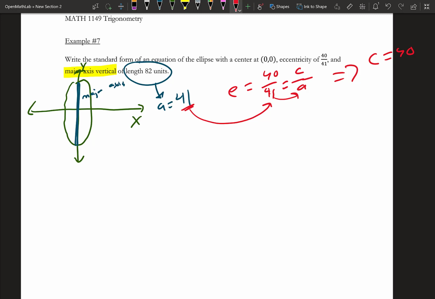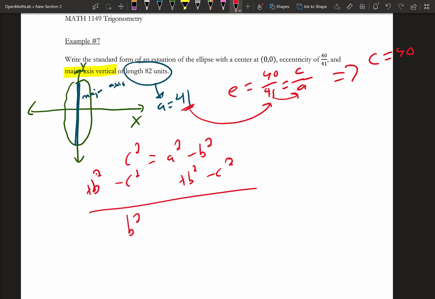So then, what we're missing is the b value. So we need to use this equation in order to solve for b. Essentially, I'm subtracting c squared from both sides and adding b squared to both sides to get b squared equals a squared minus c squared.